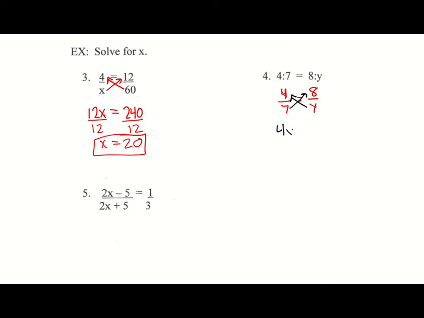I get 4 times y equals 7 times 8. 7 times 8 is 56. And then I have 4 times y on this side. To get rid of that 4, I'm going to divide by 4 on both sides. So my answer for number 4 is y equals 14.